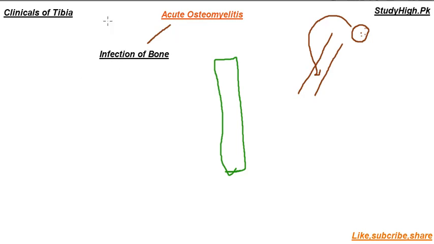Mostly it occurs because of injury, or when a bone is exposed to different types of germs because of an open fracture. But in children, sometimes the bacteria called Staphylococcus aureus may enter into our bloodstream.